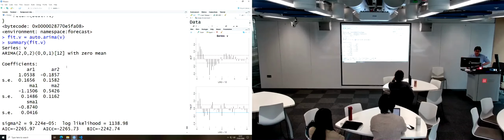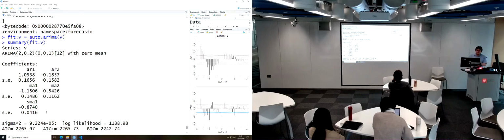So a seasonal ARIMA model with the usual AR coefficients phi 1 equals 1.05, phi 2 equals minus 0.18, and then theta 1 minus 1.15, theta 2 0.54, and then big theta 1, the seasonal MA1, is minus 0.87.